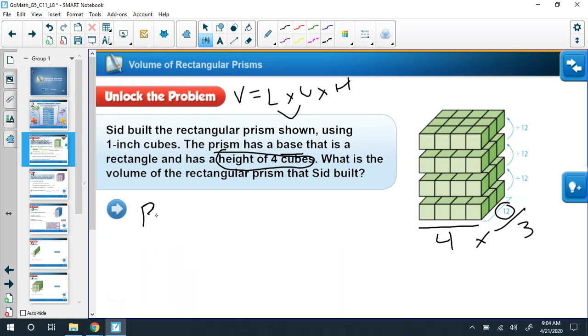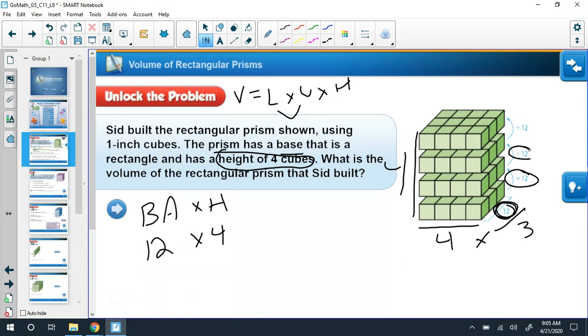Now we take that base area of 12 and we multiply it by our height. Our height, remember, as they told us in our problem, was 4 cubes. So we get 12 times 4. They've demonstrated this over here because we can see that our first layer is 12, our second layer is 12, our third layer is 12, and our fourth layer is 12.